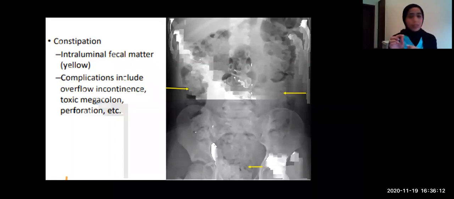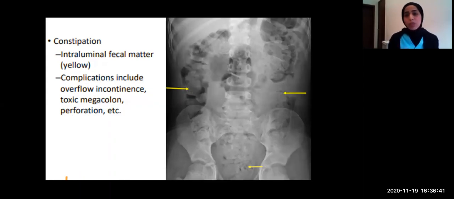The point here is that sometimes even when they give a history of diarrhea, this can be a sign of constipation, because in some situations, as a reaction to prolonged or chronic constipation, the baby or child may start to have small watery diarrhea because of the constipation.